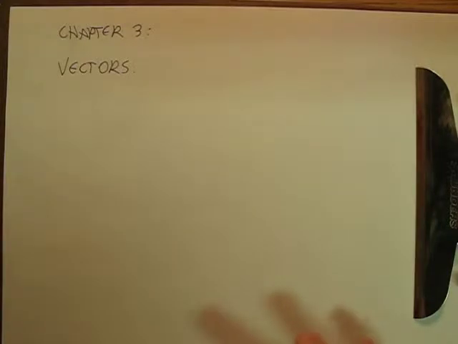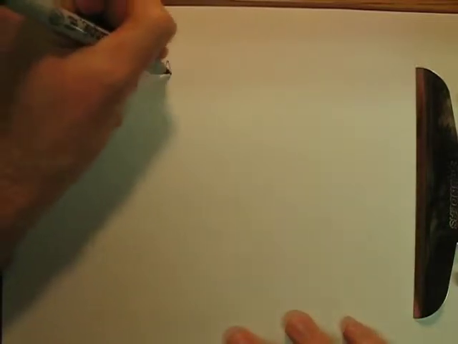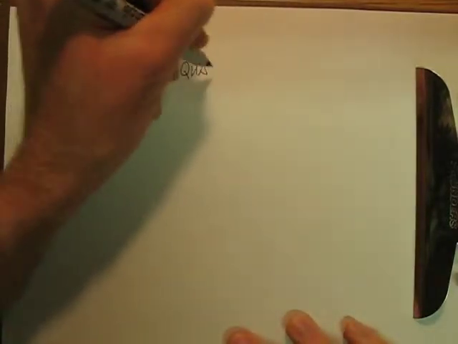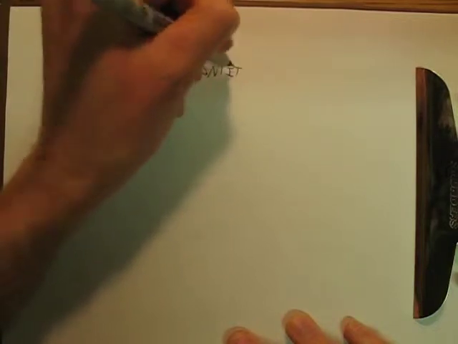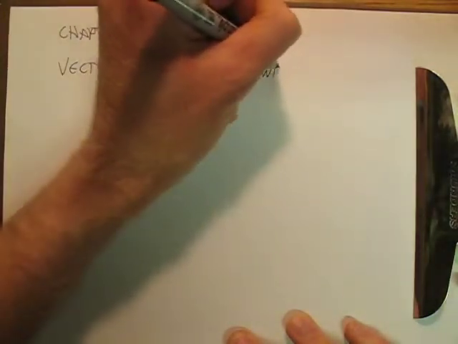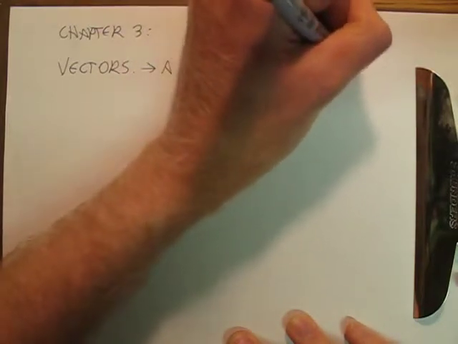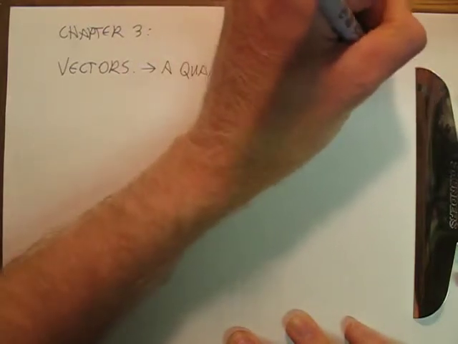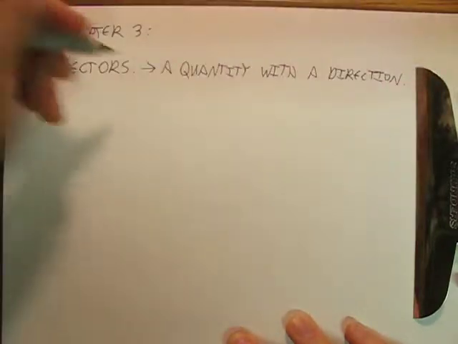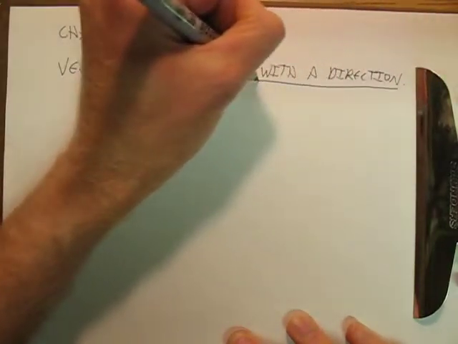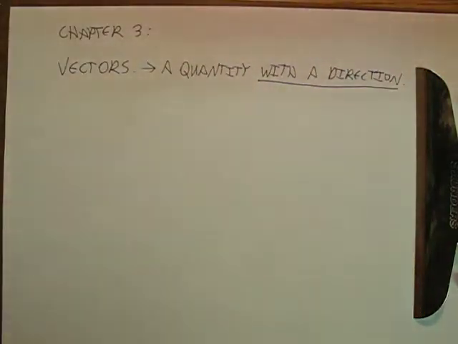A vector is a quantity with a direction. So the key thing is with a direction.